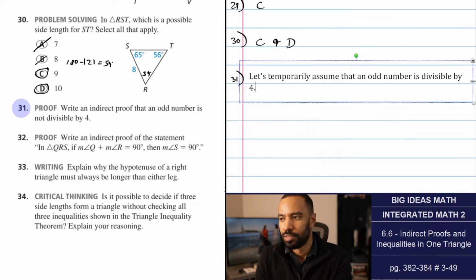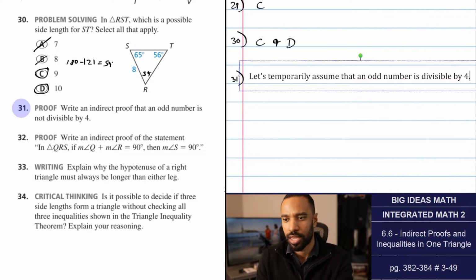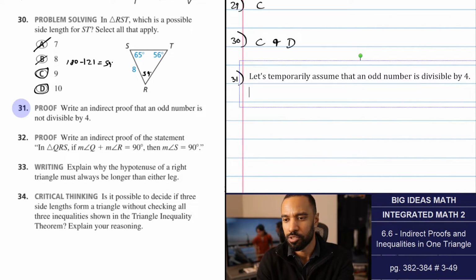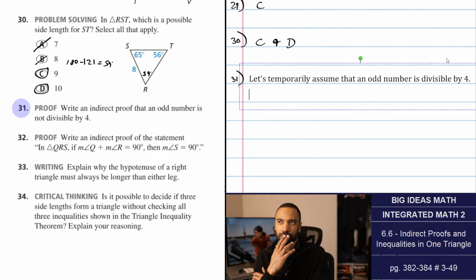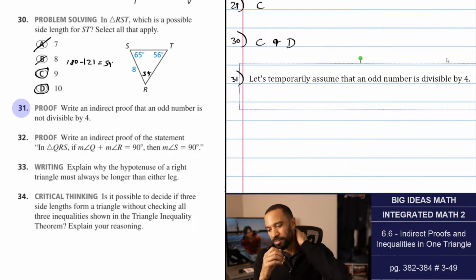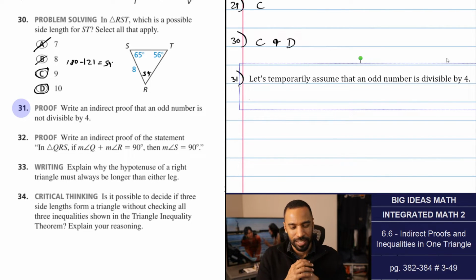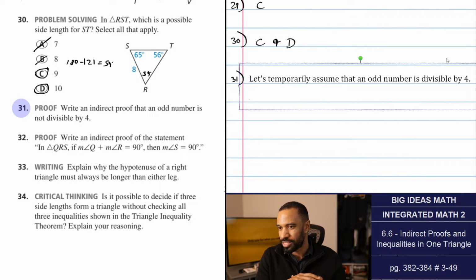Oh, come on. I do want to see it divisible by 4. Did they say an odd number? Oh my gosh. I don't know if I can use an example.